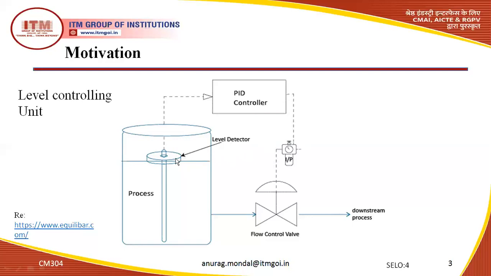So why do we require this choosing process? Let me clarify one thing. Whatever the liquid we have, there are various kinds of liquid whose level we have to maintain. Maybe that liquid has some impurities, maybe it is a transparent liquid, or maybe the liquid is flammable.